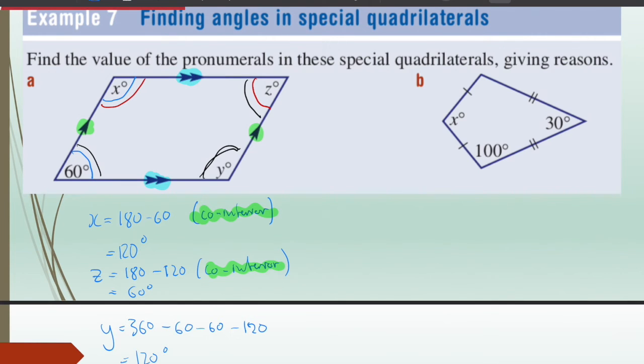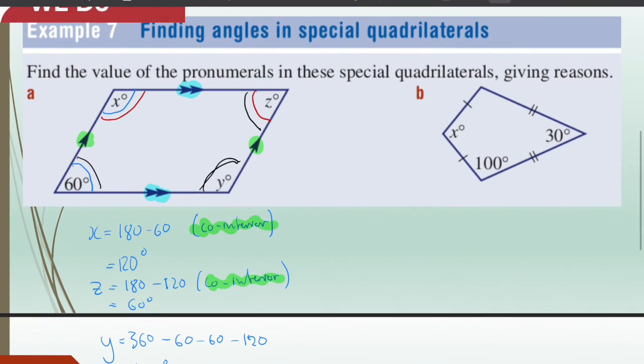A similar situation happens over here with the kite. If we divide the kite into 2 triangles, these markings here tell us that what we've made is 2 isosceles triangles. So in isosceles triangles, we know that these angles at the bottom of the triangle are equal to each other.